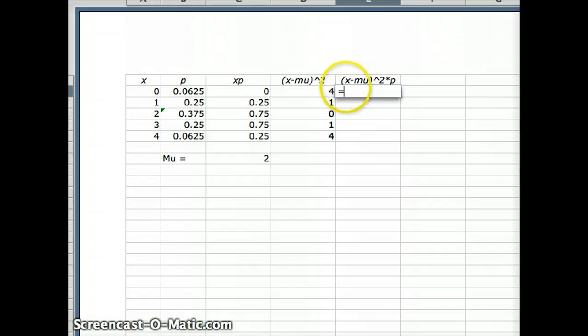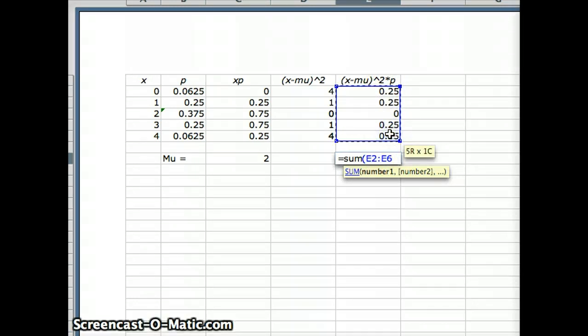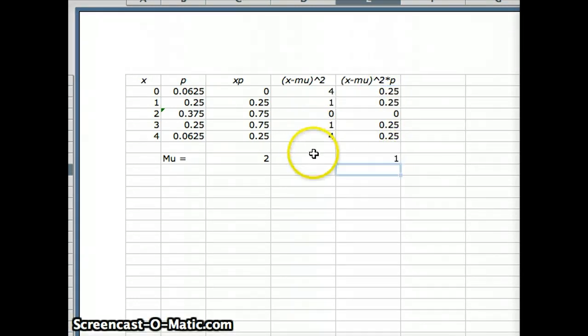Then we're going to multiply (x minus mu) squared times p to get our variance. And then our variance will be the sum of all of those. So equals the sum of those numbers, and we get 1. So the variance is 1, and the standard deviation would be the square root of 1, which of course is also 1.